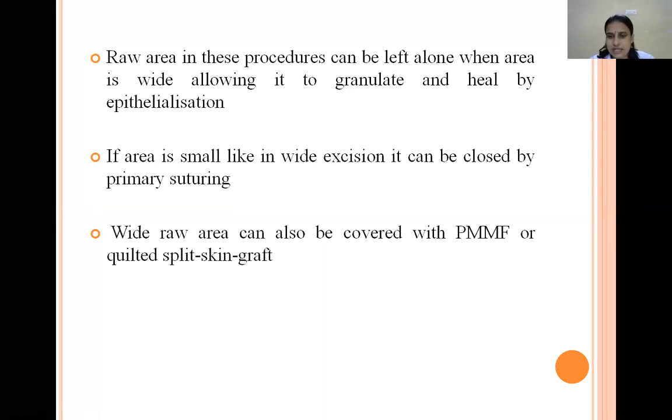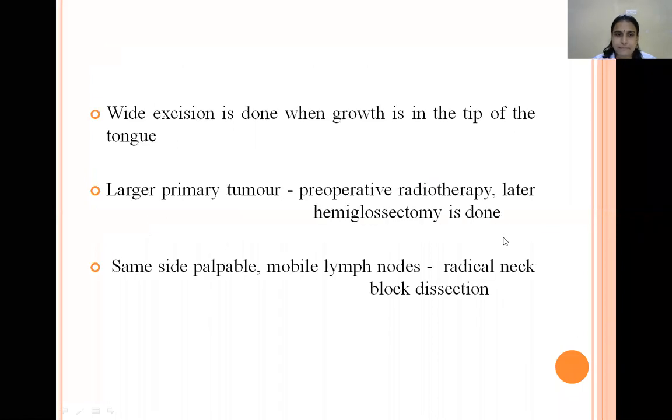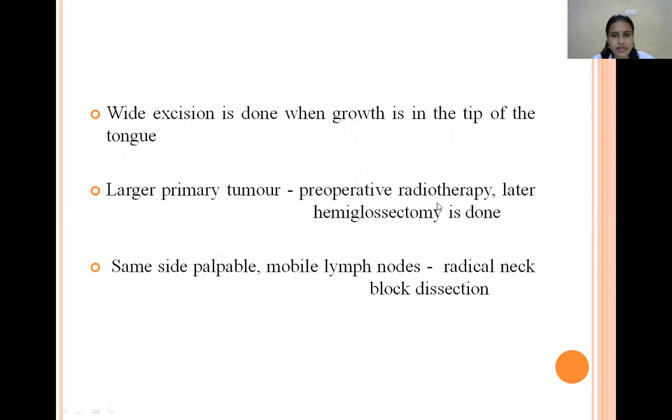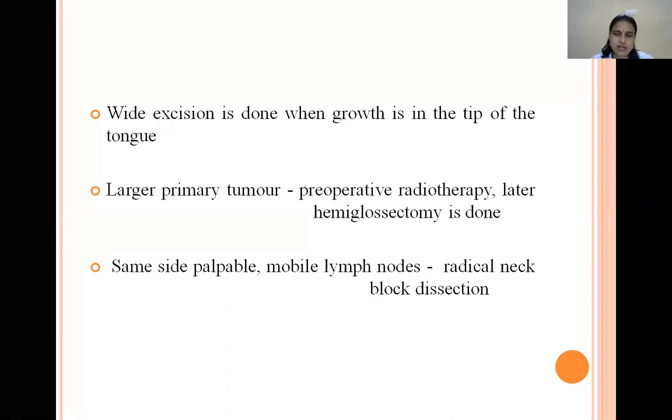The most common flap used here is the pectoralis major muscular flap or the quilted split skin flap. Most commonly used is the pectoralis major muscular flap. Tip of the tongue, then wide excision is done. Large primary tumors, there is an option of giving preoperative radiotherapy in order to downstage the disease, followed by surgical excision or hemiglossectomy.